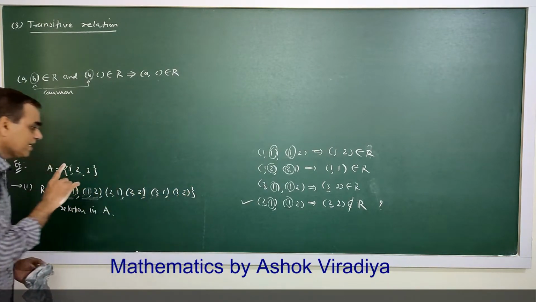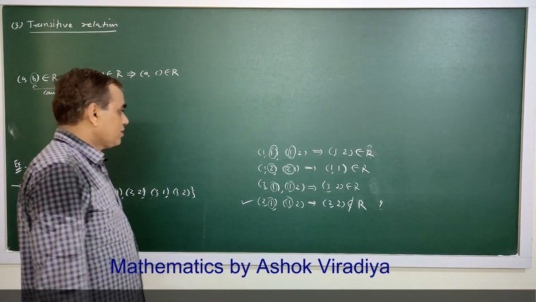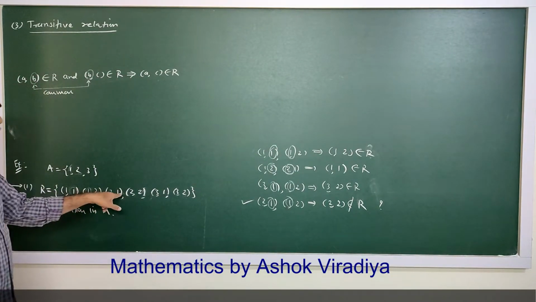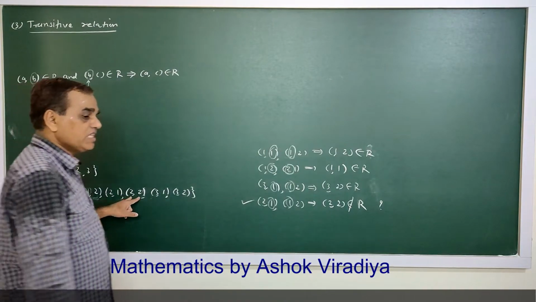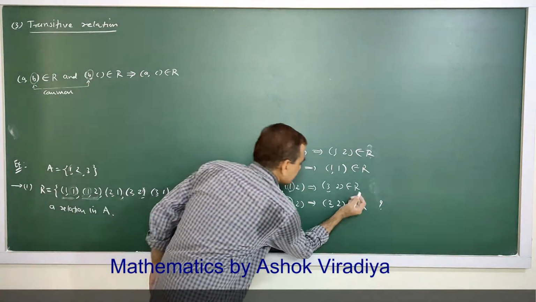Now I have changed this relation. So (2, 1), now (2, 2). (2, 2) is in R, as I added it.